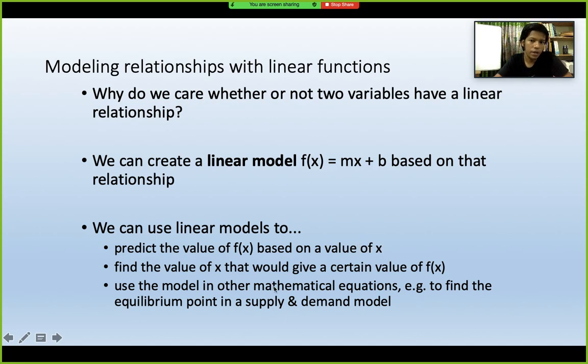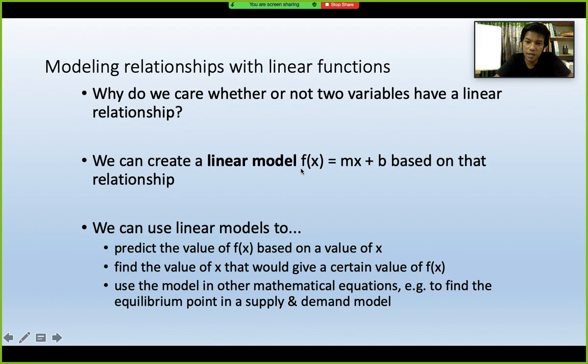Or even if the value of y is given, we can find out the value of x also. Then we can find out the equilibrium point, supply and demand math related to that, and some other math also, where we say straight line depreciation and other things, which we will discuss in some future class in more application math.